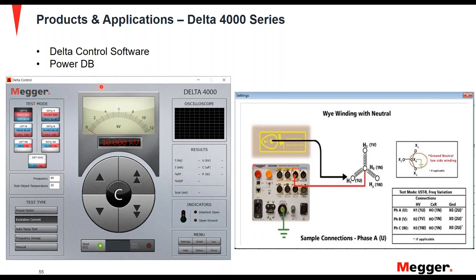Ungrounded specimen test mode is used. It can also be used remotely, controlled using PowerDB. And one of the important aspects of the Delta is that it will provide a connection diagram after you've entered the correct nameplate data. So this will preclude any errors because of hooking up the wrong leads to the wrong terminals, and that's an error preventing tool.